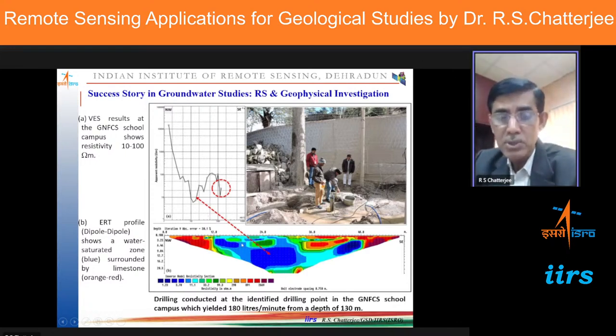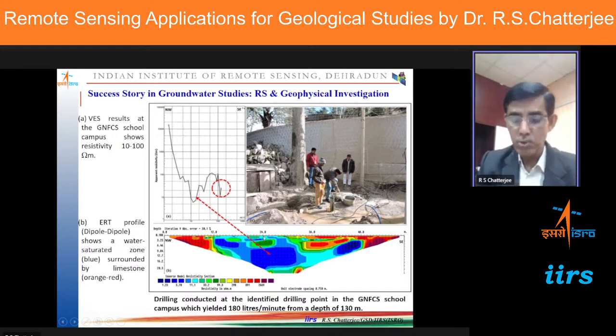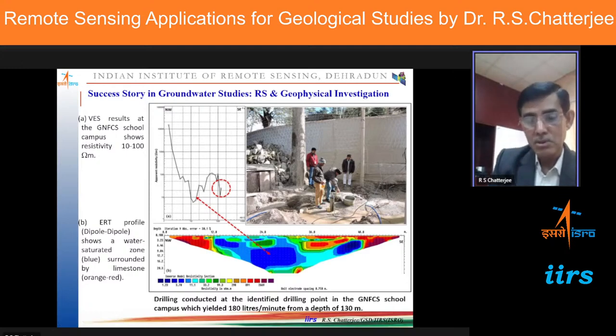Then from geophysical investigation, we identified that water is available underneath, accumulated in the aquifer. So you can drill a well and get a lot of water. In fact, here almost 180 liters per minute is being yielded, but there was no water before that. So geophysical investigation along with remote sensing images is important.